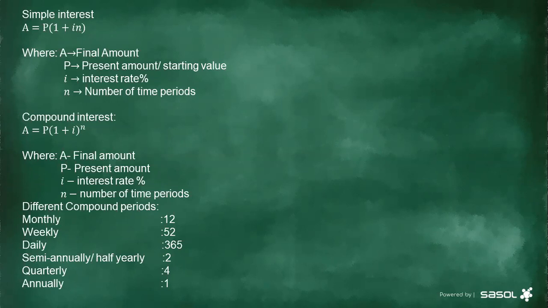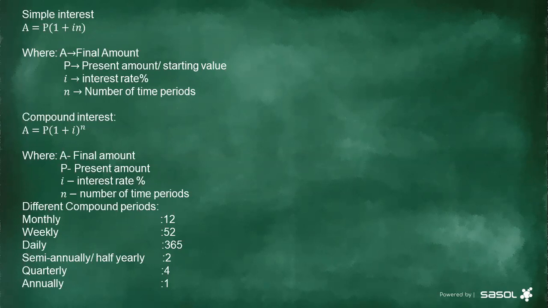Under compound interest, we have different compounding periods that need to be known: monthly, weekly, daily, semi-annually or half-yearly, quarterly, and annually. For monthly, we use 12. Weekly is 52. Daily is 365.